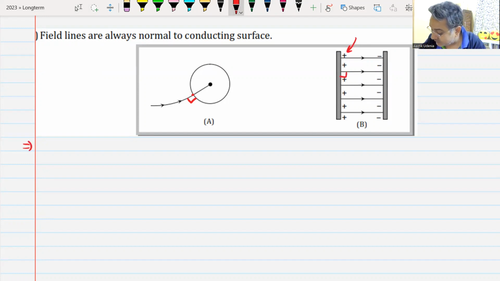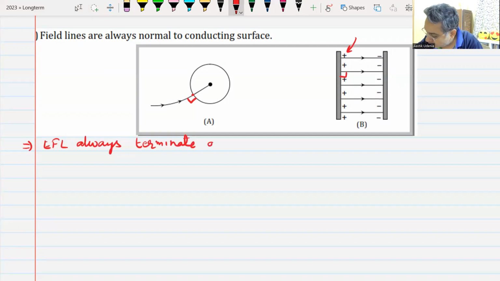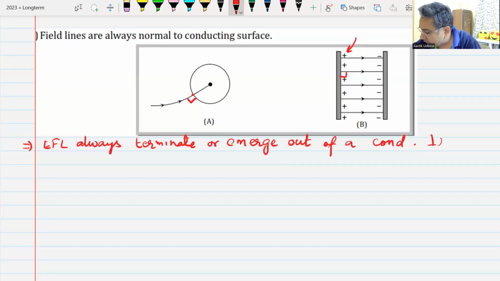So electric field lines always terminate or emerge out of a conductor perpendicularly.